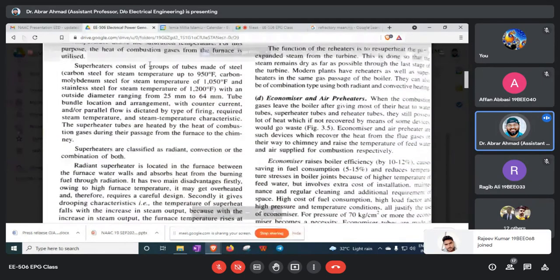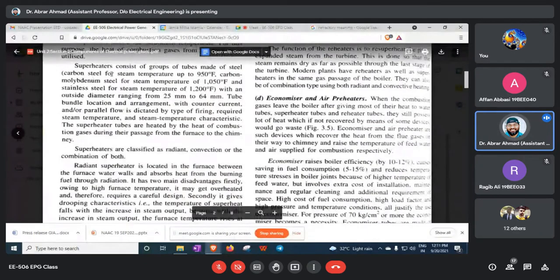So superheater consists of group of tubes made out of steel, carbon steel for steam temperature 950 degree Fahrenheit, या एक और मटेरियल है कार्बन मोलिब्डेनम स्टील alloy naturally, which can withstand the temperature of 1050 Fahrenheit, and we can also have stainless steel for steam temperature of up to 1200 Fahrenheit. उसकी कुछ डिटेल्स हैं, टेम्परेचर, उसकी डायमीटर क्या होगी.